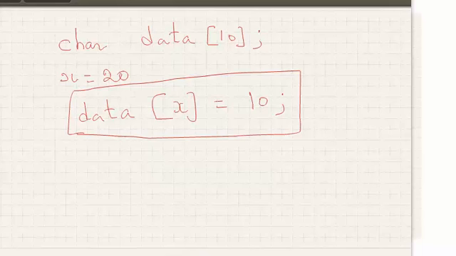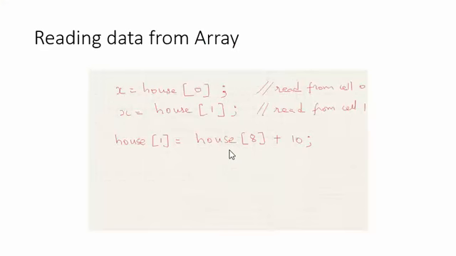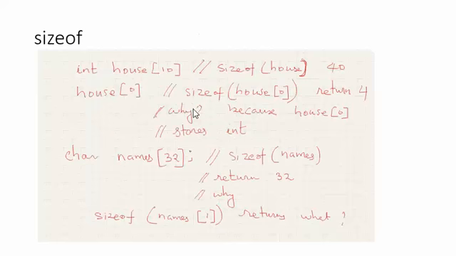Let's go back to the PowerPoint. Reading data from the array is simple. House comes on the right hand side instead of the left. There is no rocket science in this.